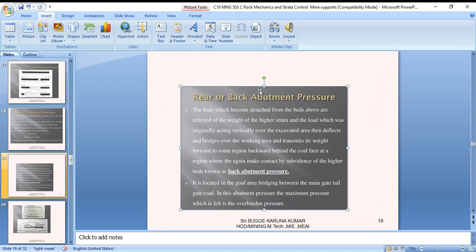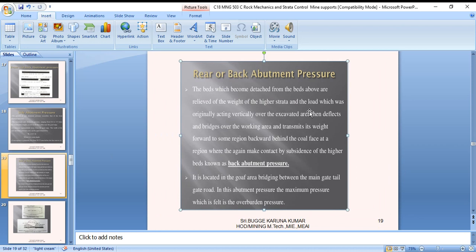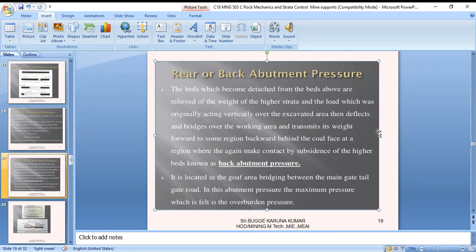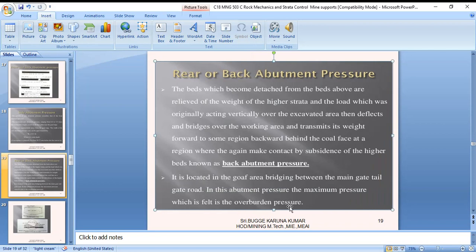Rear abutment. The beds which become detached from the beds above are relieved from the weight of the higher strata, and the load which originally acted vertically over the excavated area is deflected and bridges over the working area.